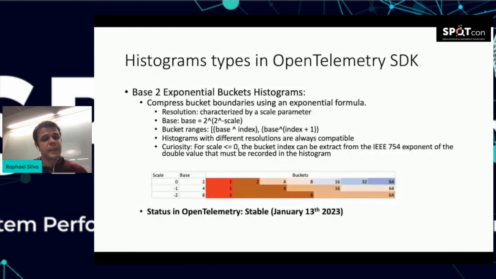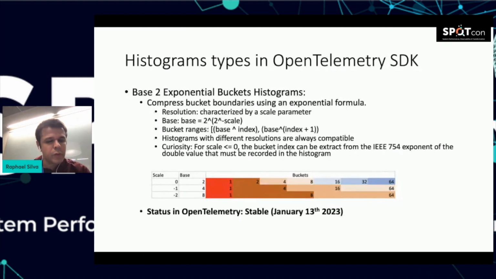One interesting thing to notice about this type of histogram is that they are always compatible with one another. So let's say histograms of different scale, they are always compatible. What will happen is that if we need to combine histograms of this type, the resulting histogram will have the same resolution as the histogram of the lower resolution.